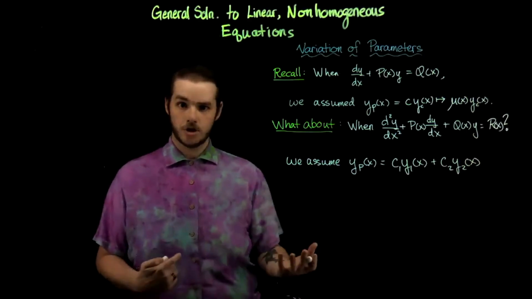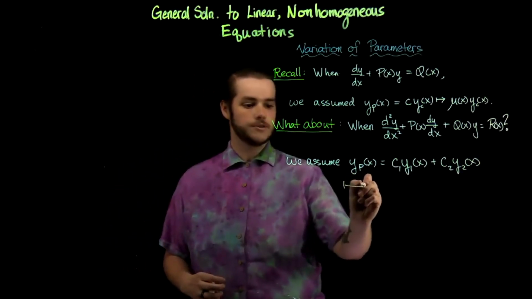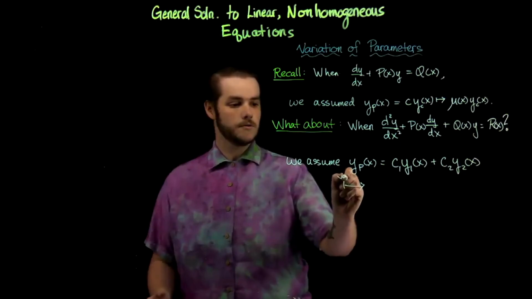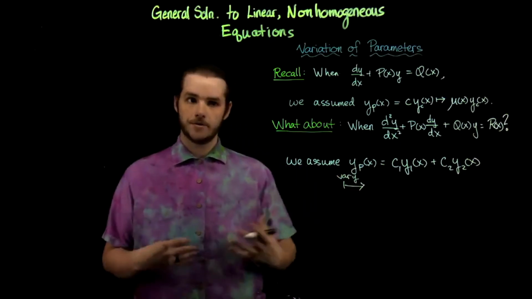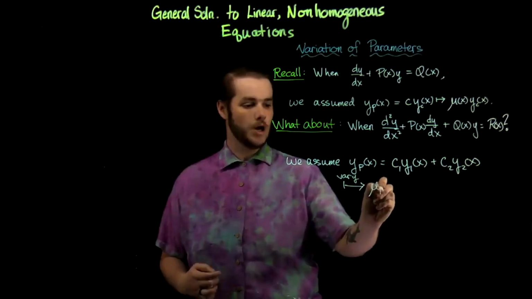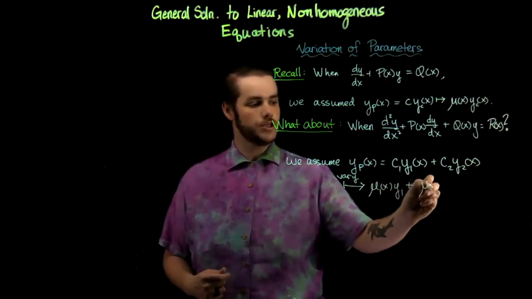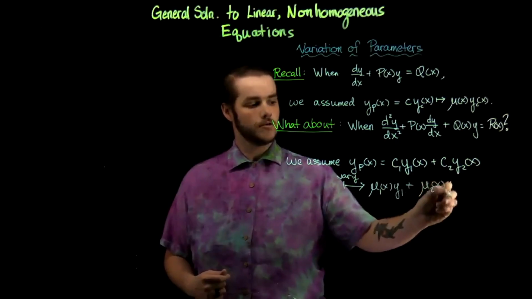I should just have a function of x. So what we do is we allow our parameters to vary. And rather than writing them as constants, I'm going to write them as functions of x. Mu1 of x, y1, plus mu2 of x, y2.